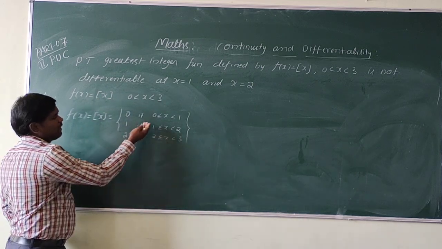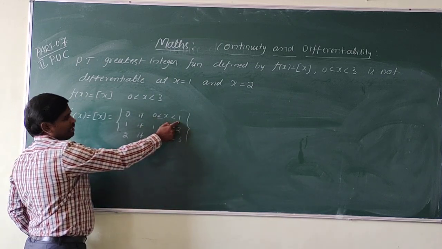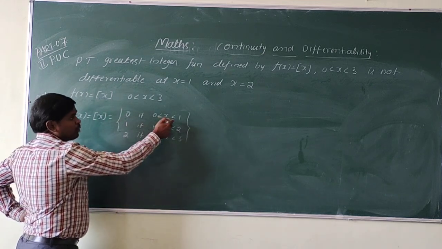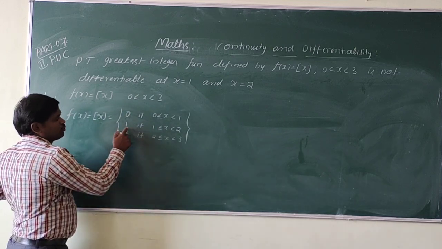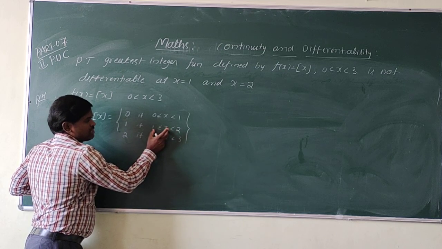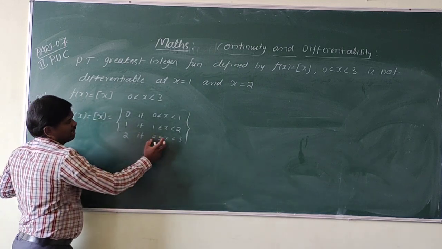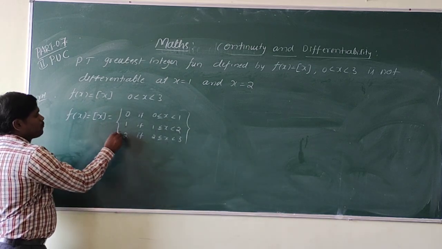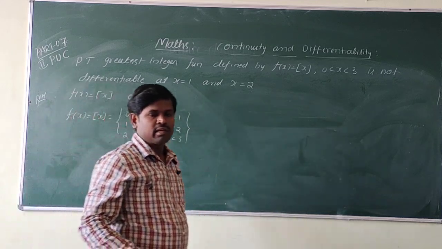That means for all the values between 0 and 1, the output is 0, up to 0.999. For the values between 1 and 2, including 1 and excluding 2, the output is 1. Similarly, for all real numbers between 2 and 3, including 2 and excluding 3, the output is 2. So we are going to verify that the given function is not differentiable at x = 1 and x = 2.